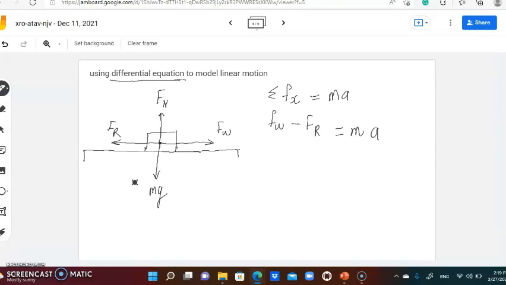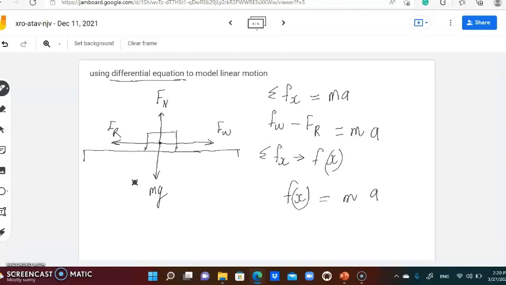Now, let us say that my resultant force here is actually some function of x. So let us say my sum of forces in my x direction is some function of x, f of x. Then f of x is going to be equal to mass times acceleration.